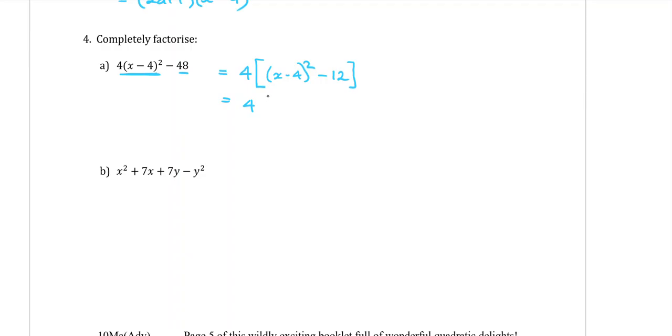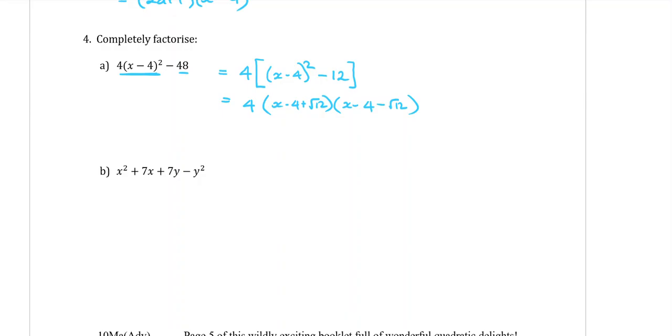So I'm going to have 2 big sets of brackets to do my difference of 2 squares. When I square root x minus 4 squared, I get x minus 4 at the start of each bracket. Then I square root 12 to get a root 12 at the end of each bracket. One will be a plus and one will be a minus.